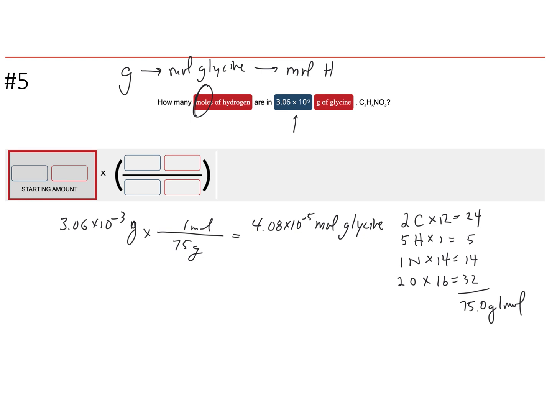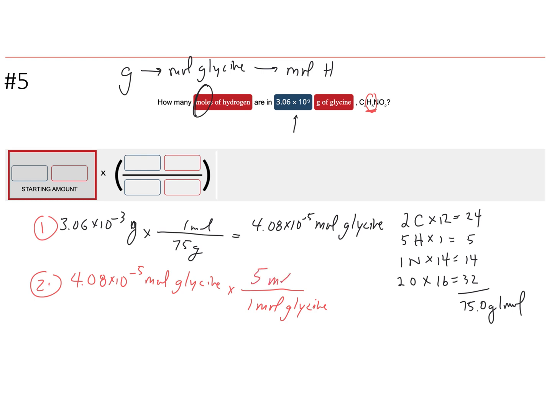of glycine. Here's where we go to the formula. In the formula, I've got 5 hydrogens in every 1 glycine. So the next step of this calculation is to say, okay, I've got 4.08 times 10 to the minus 5 moles of glycine, and I know in every 1 mole of glycine, the formula tells us I have 5 moles of hydrogen.